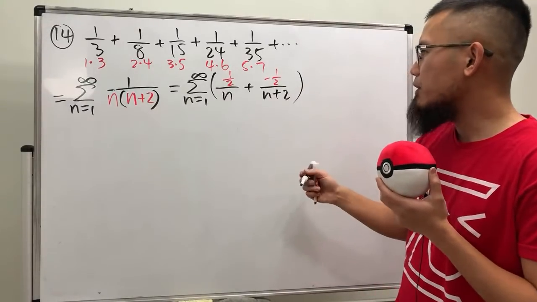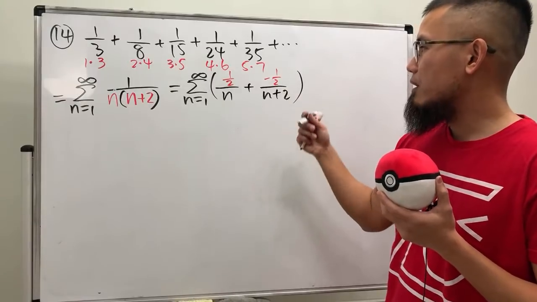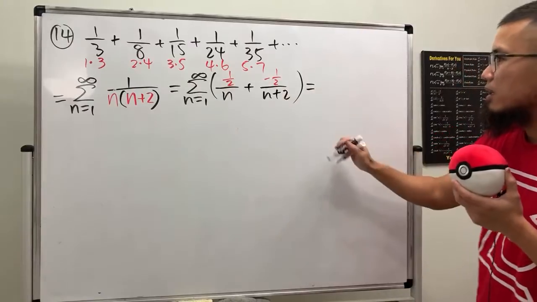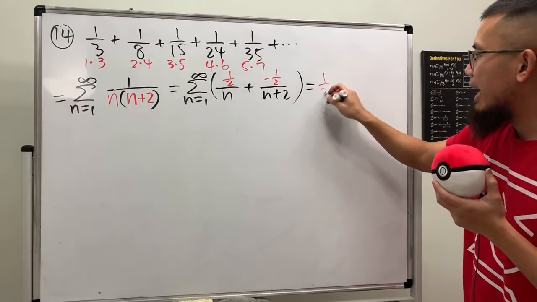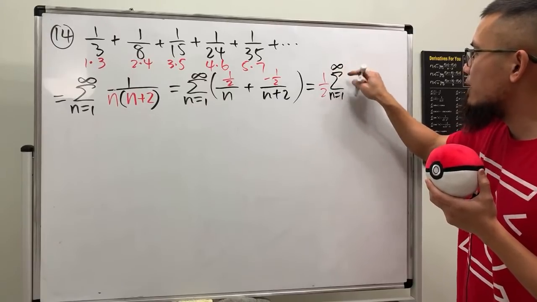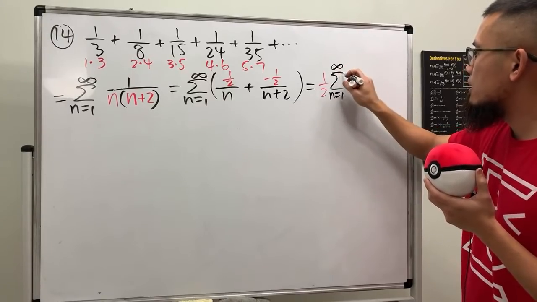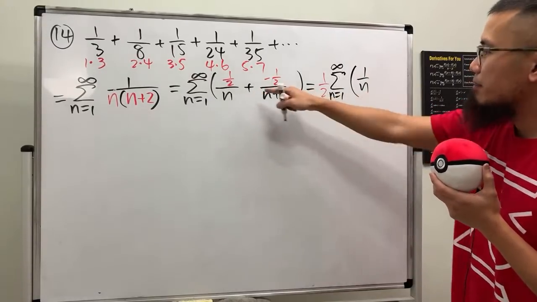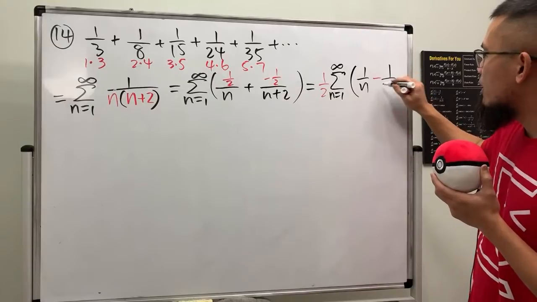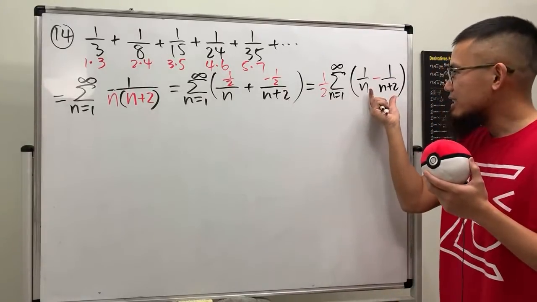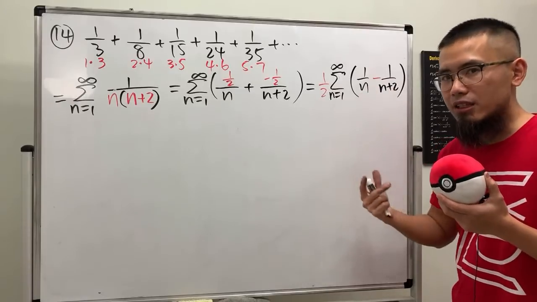Now, have a look. Both of them have 1/2, so we'll actually just factor that out. And have a look: 1/2, and we have the sum, n goes from 1 to infinity, of 1 over n, minus 1 over n plus 2. And you see, they are subtracting, and this and that are of the same kind.